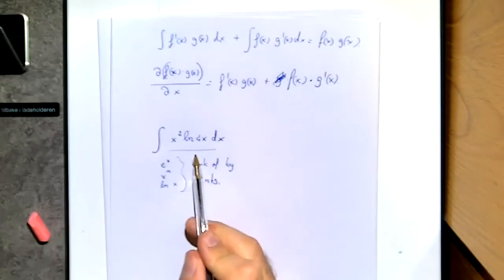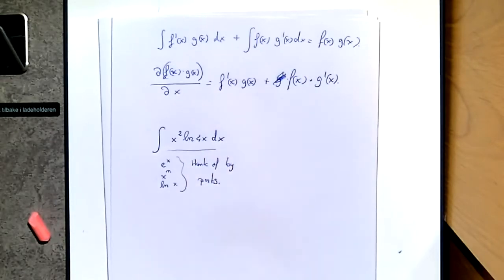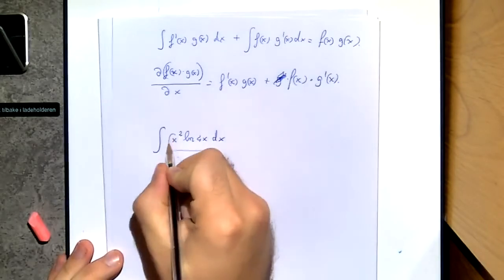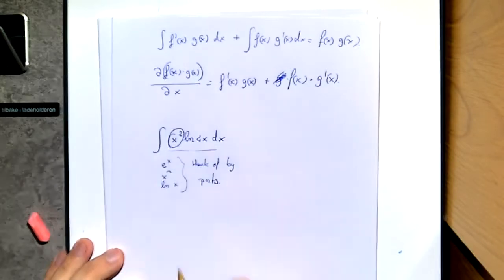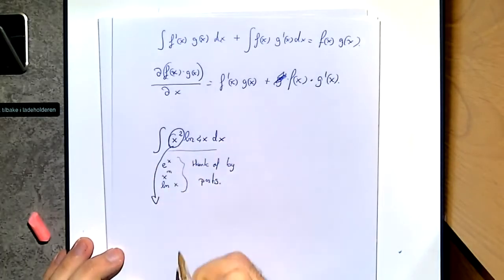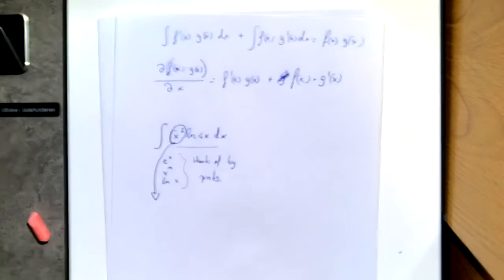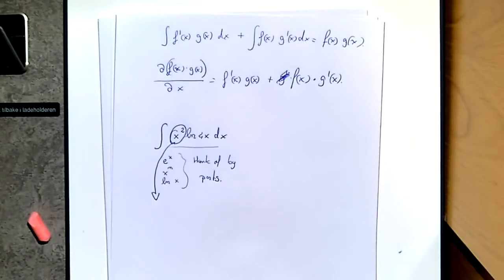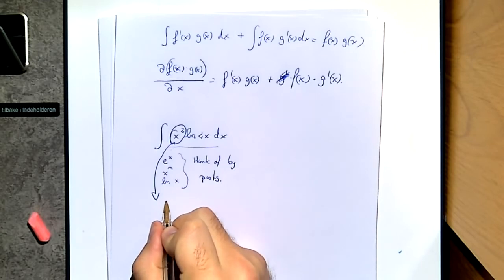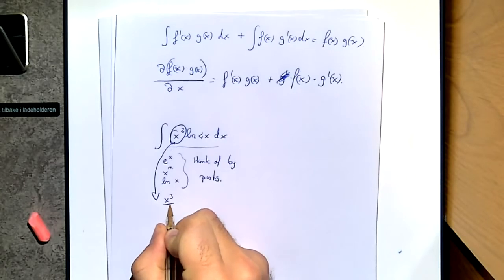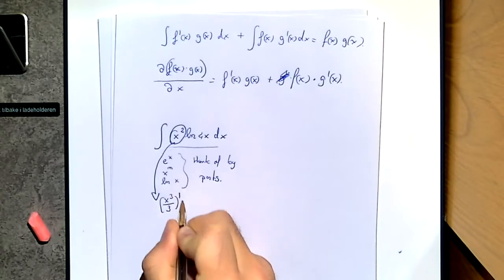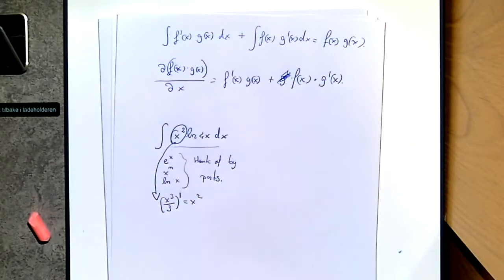There's no derivative I have here, absolutely no derivative, so I have to create my own derivative. Creating my own derivative is just a fancy term for replacing a term with its antiderivative, or primitive, or integral. So in this case, x to the power of 3 over 3, whose derivative is x squared.